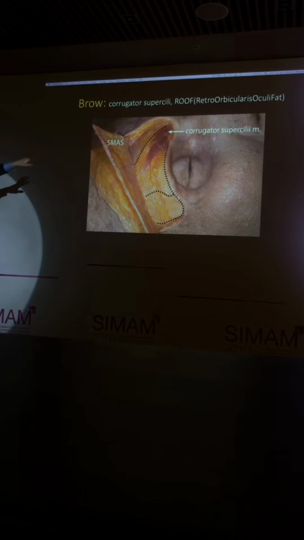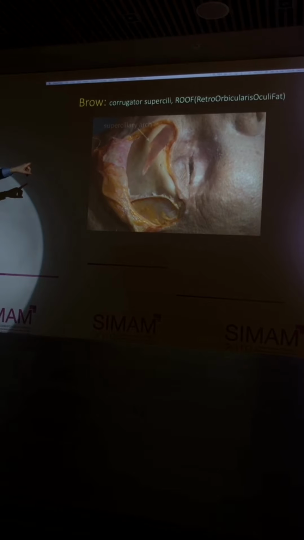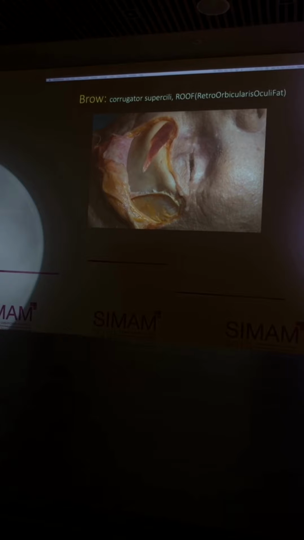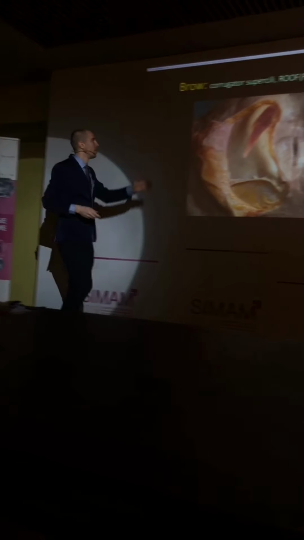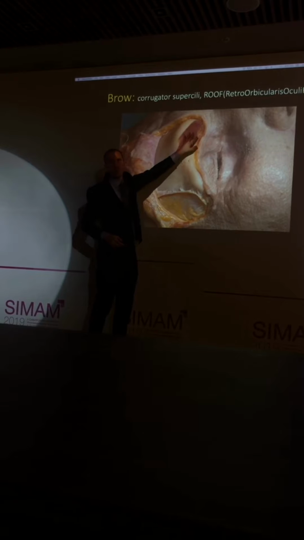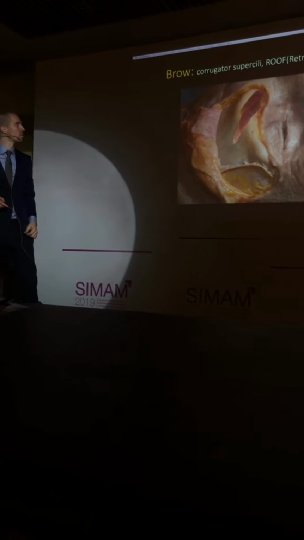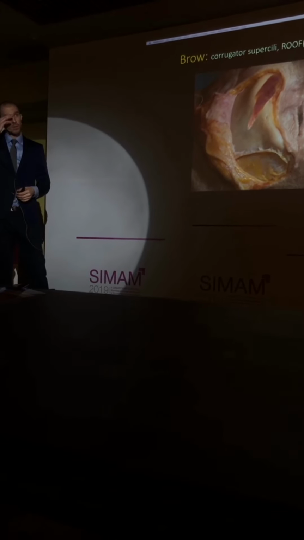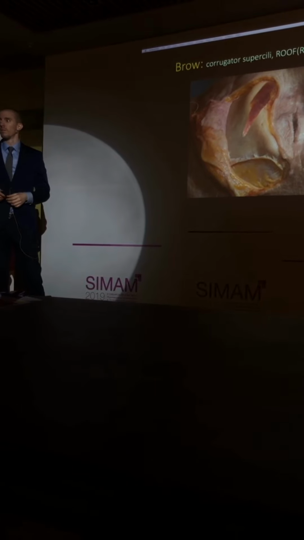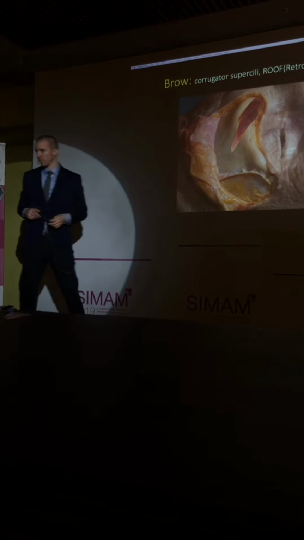This is how it looked before the dissection, and we just put the muscle back in place. So if you can palpate your superciliary arch, you can be sure that the corrugator head is right below it. It is much more caudal than we think.